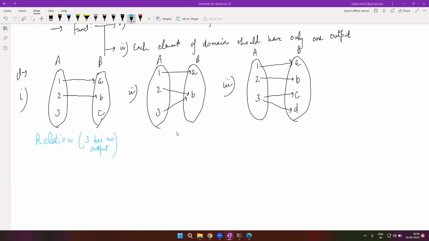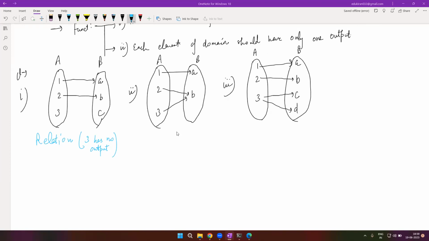The first condition will always be that all the elements of the input must have an output, right? There are 3 elements inside the input, 1, 2, 3, and all three are connected by arrows, right? There are 3 arrows coming out of A, coming from different elements. So we have covered all the elements basically, right? So the first thing is that every input must have an output. I had 3 inputs, 1, 2, 3, so all three have an output.